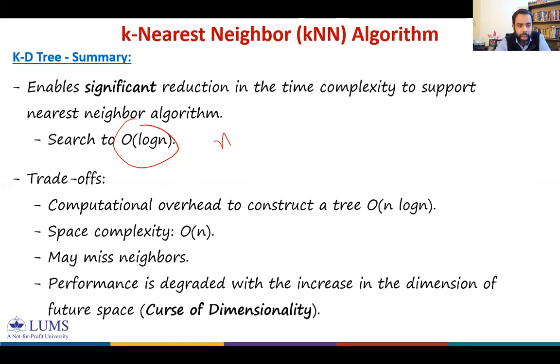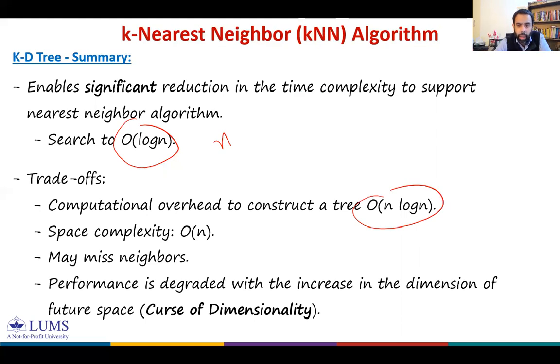Obviously it comes at a cost: you get a computational overhead, because now we need to construct a tree, and the overhead to construct a tree in the worst case would be order n log n.